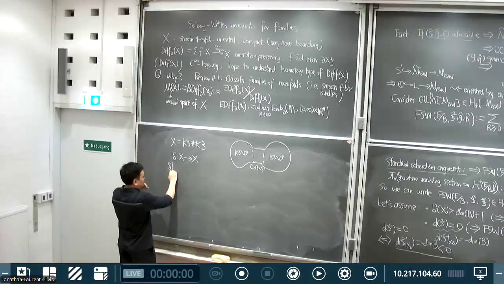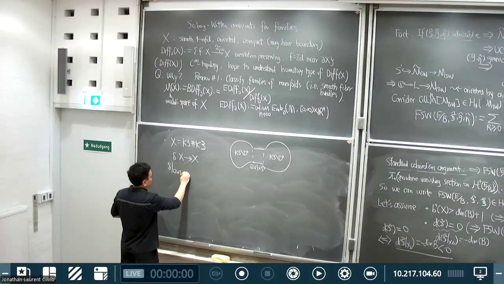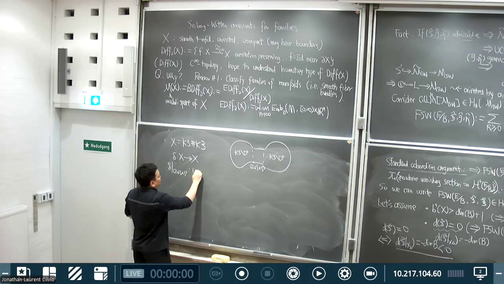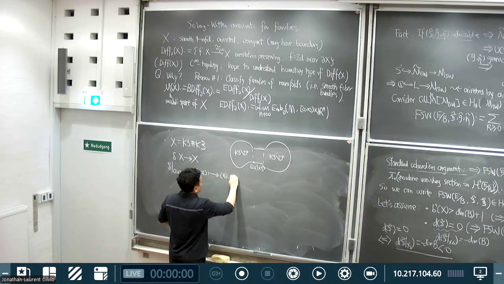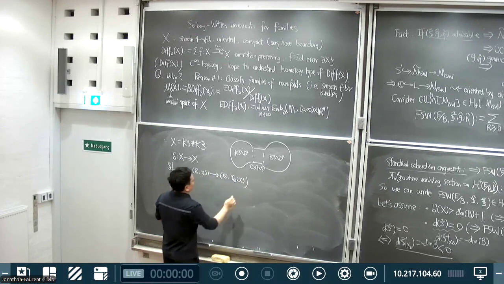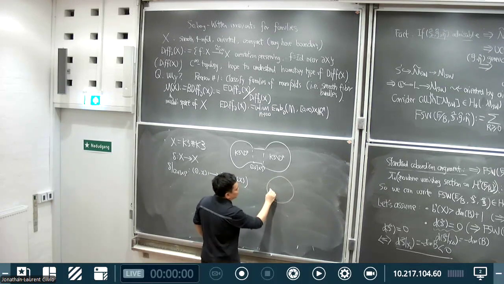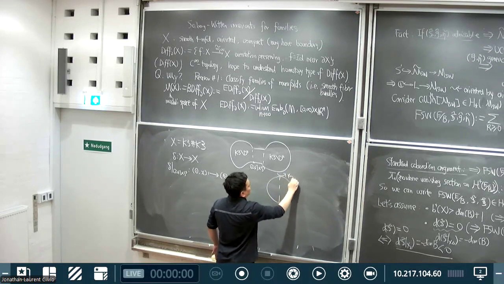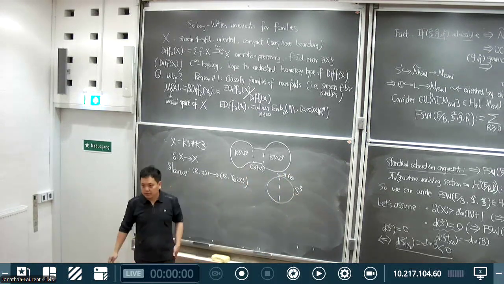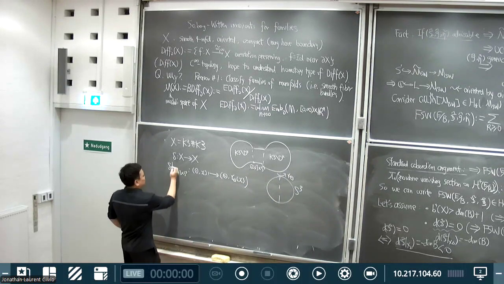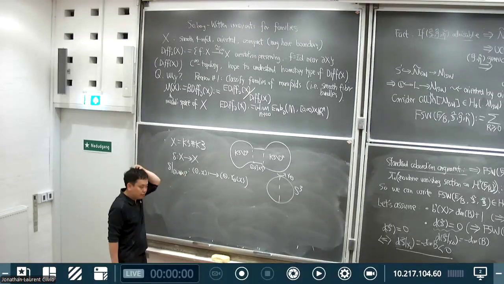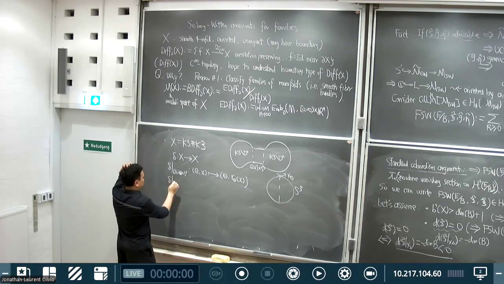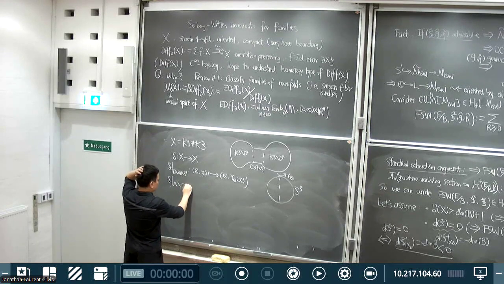We define F restricted to [0,1] times S3 by (t, x) going to (t, R_t x). R_t just means the rotation of S3. We use this rotation, and on the rest of X, F is the identity.